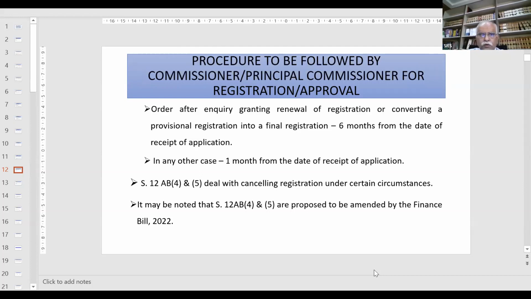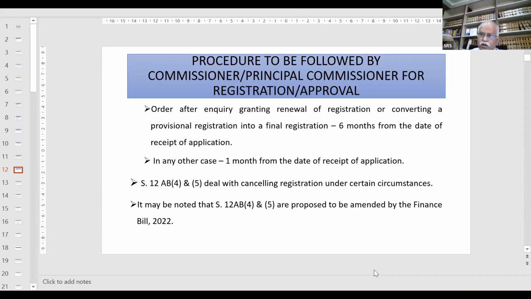Sections 12AB4 and 5 deal with cancelling the registration under certain circumstances. We will discuss them separately. At the moment, we'll just know that there are certain cancellation provisions. Now, you may note here that the TOLA 2020 introduced section 12AB4 and 5.